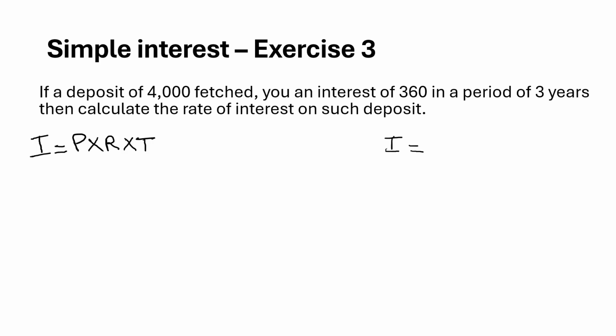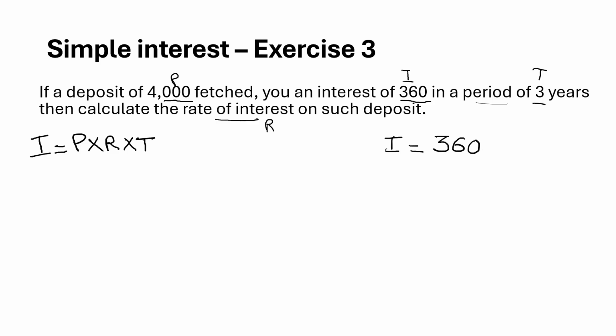If a deposit of 4,000, so this is my deposit, it is my P, fetched you an interest of 360. So 360 is the amount of interest I am getting. So this is my I. For a period of 3 years, this is my T. Now we need to calculate the rate of interest, meaning we need to calculate R. So just substitute.